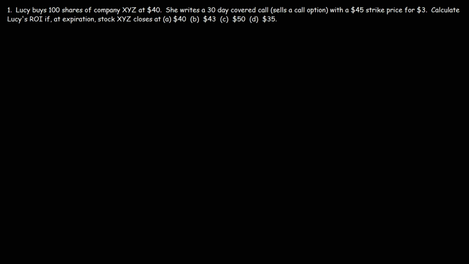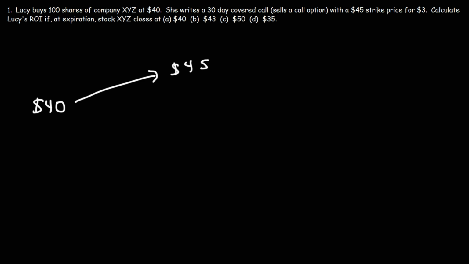So here's what you need to understand. If the stock reaches $45 or more at expiration, she has to give up her shares at a price of $45. But first, let's talk about what a call option is. A call option gives the owner, the person who bought it, the right, not the obligation, but the right to buy shares at a specified price, in this case, the strike price.